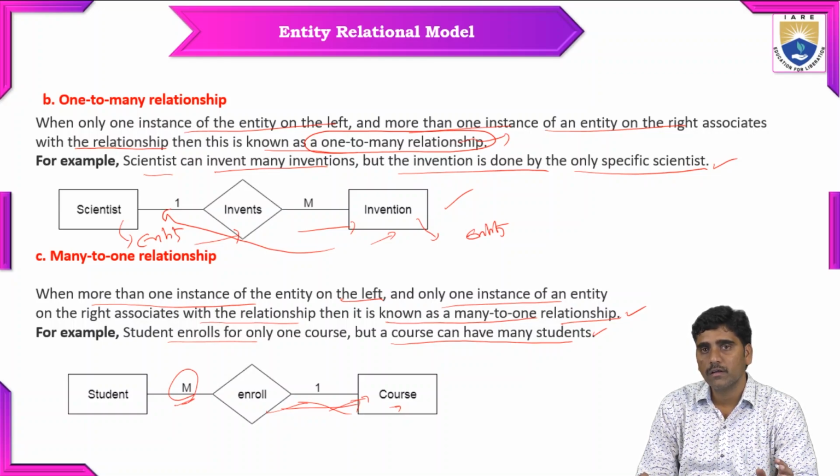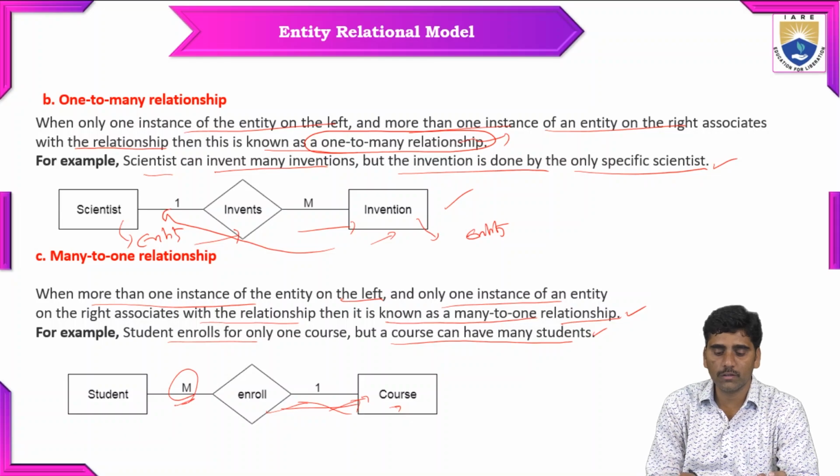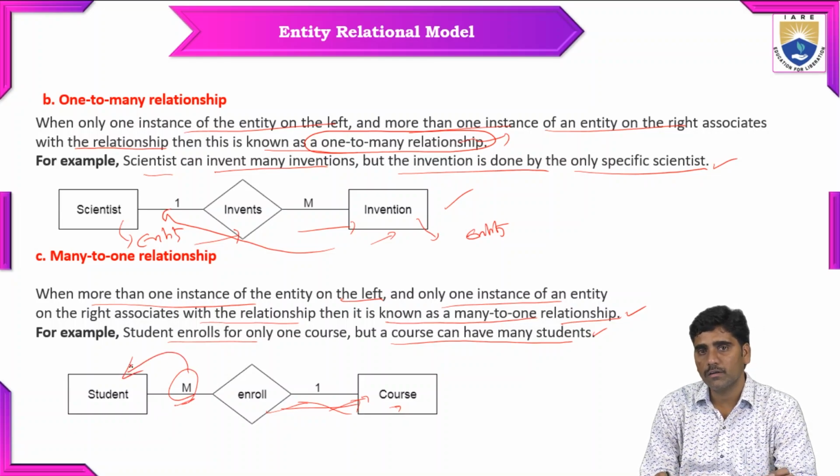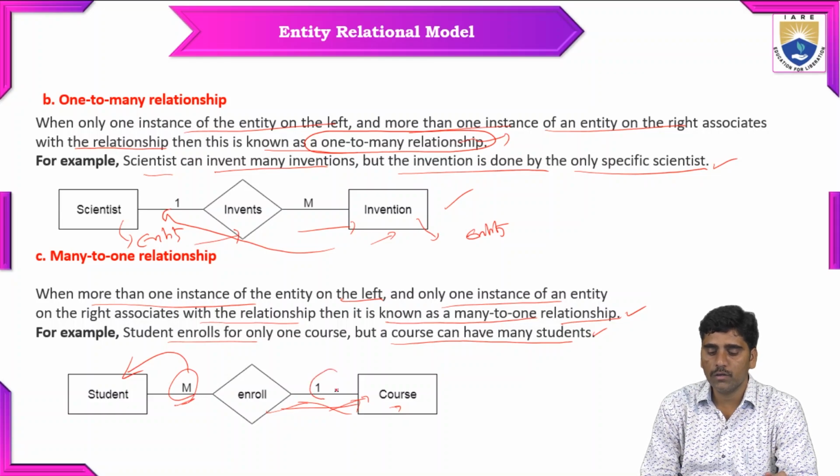So here multiple instances of an entity on the left side and only one instance of an entity on the right side will relate to each other. Then it is called a many-to-one relationship.